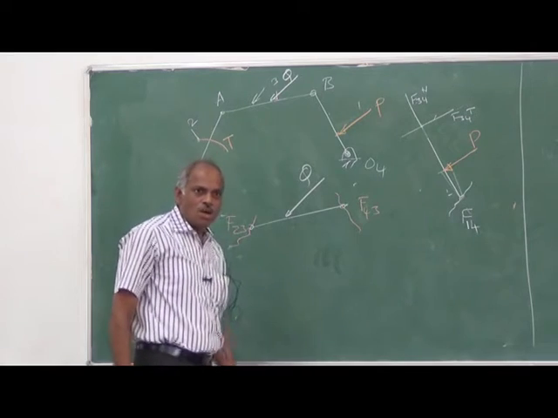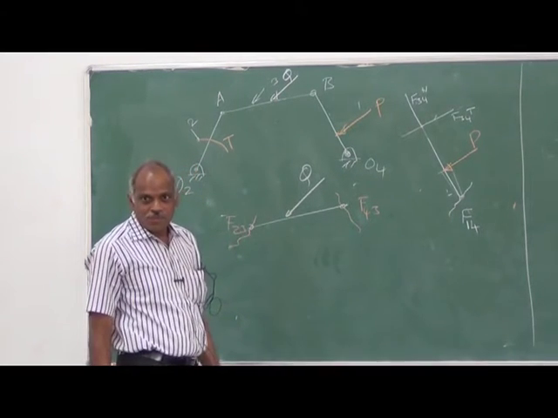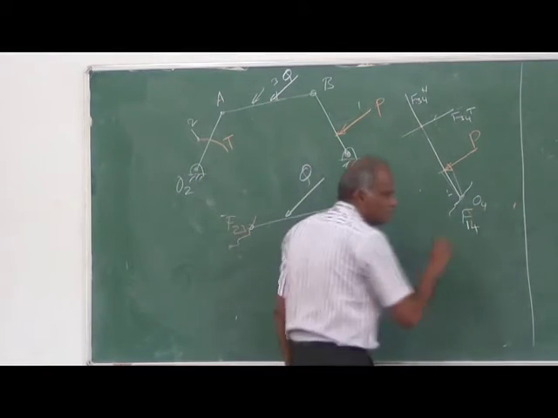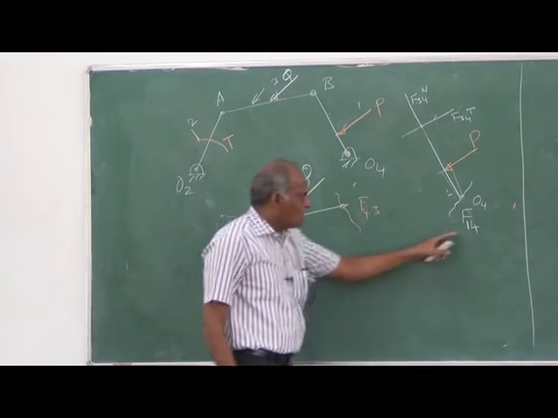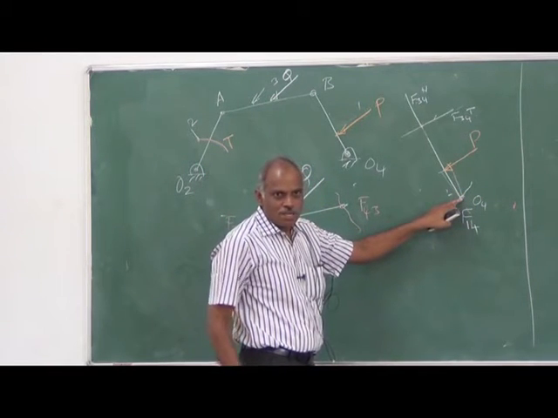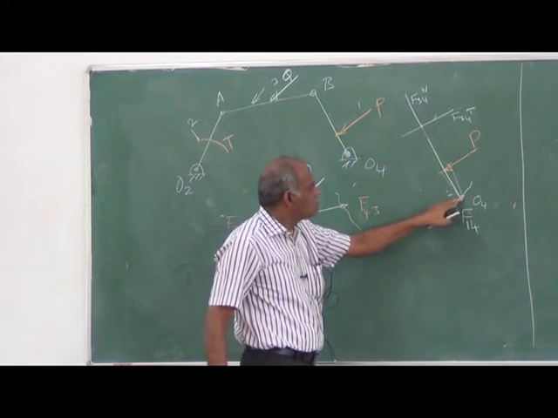When you split like this, there is some possibility of solving it. If I take a moment about O4, the effect of F14 is eliminated because it passes through that point, so its moment is 0.